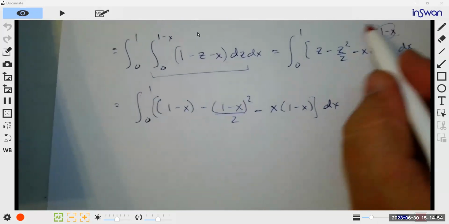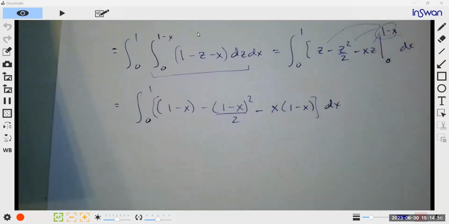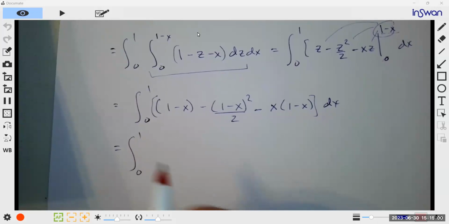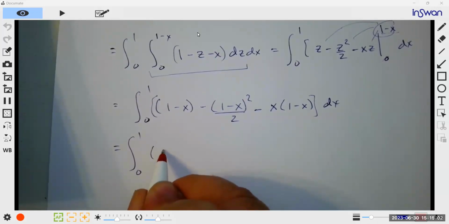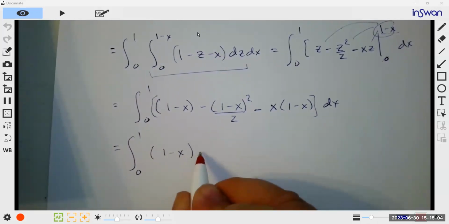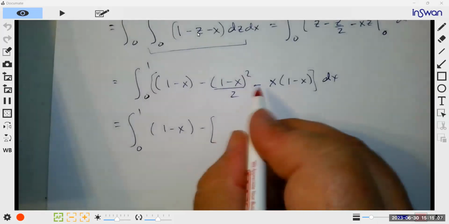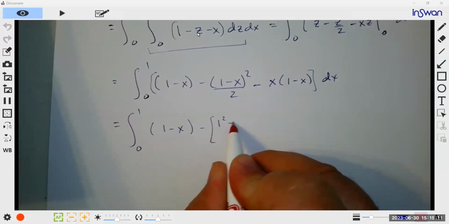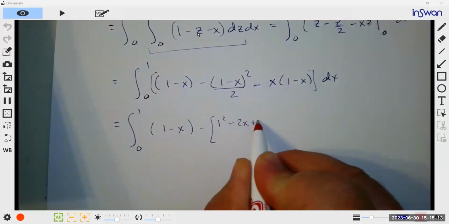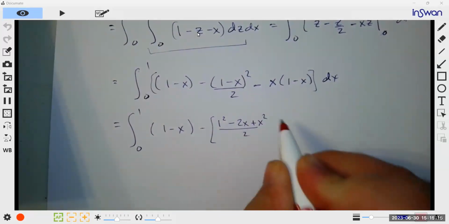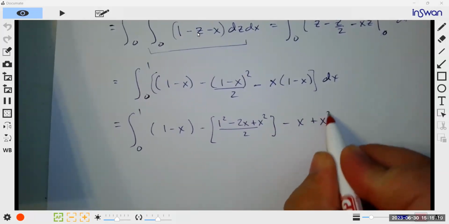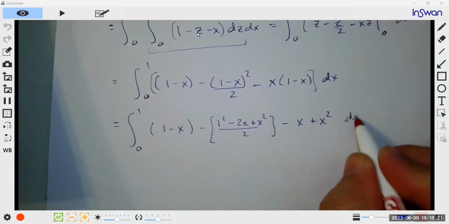So I put this anywhere I see z: 1 minus x. 1 minus x squared becomes 1 squared minus 2x plus x squared over 2, minus x plus x squared, dx.